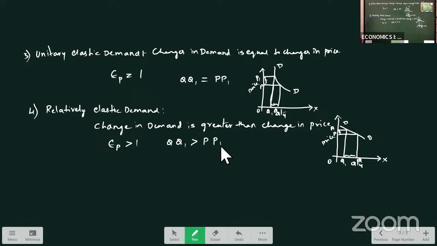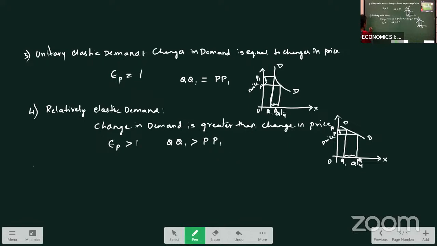This way we have relatively elastic demand. I'm not explaining in detail about all this because for your 2 marks, if you write this much, that is more than enough. So what is relatively elastic demand? Change in demand is greater than change in price. Elasticity is greater than 1. QQ1 is greater than PP1.